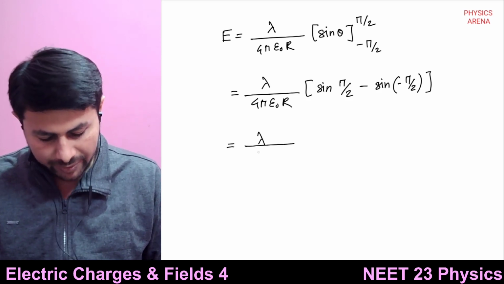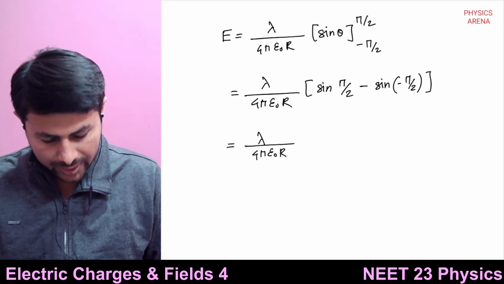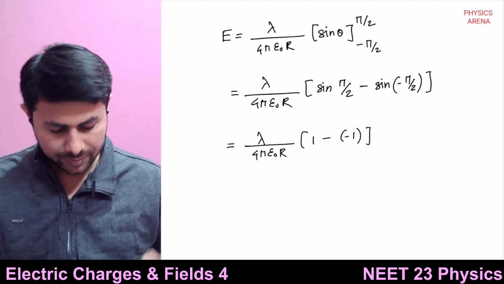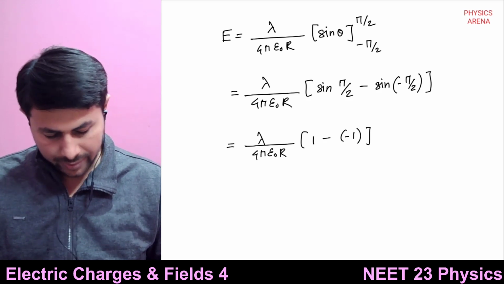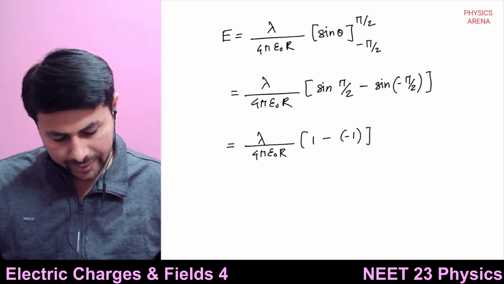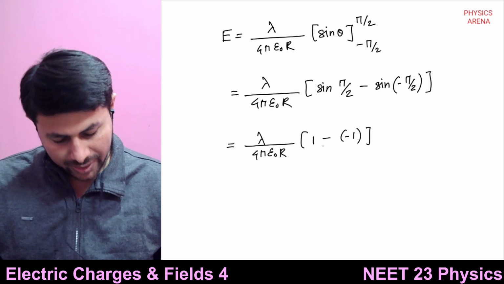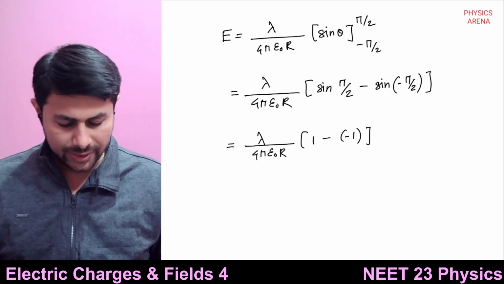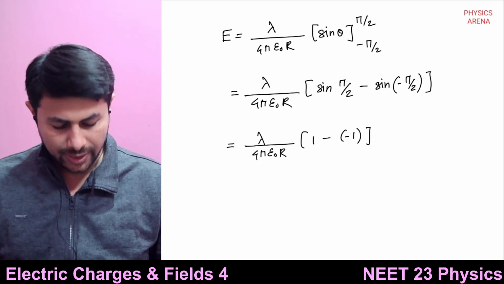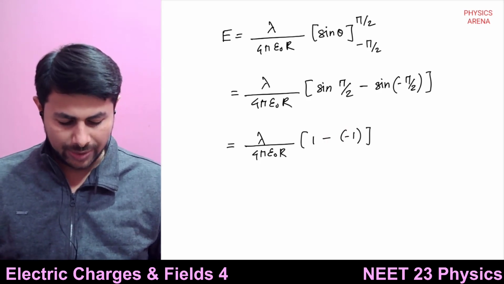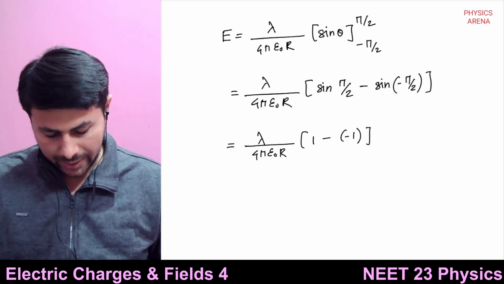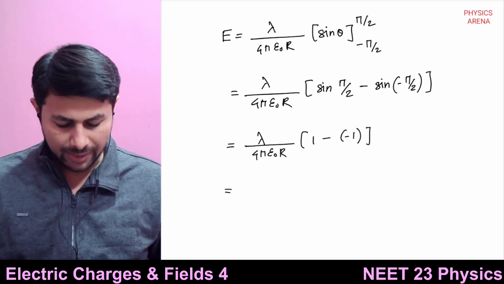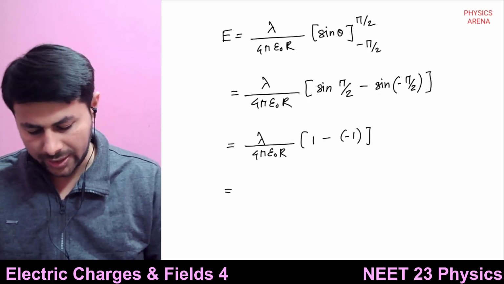So this is lambda divided by 4 pi epsilon naught r times 1 minus minus 1. Minus minus is plus, so 1 plus 1 is 2. Then you can divide the 4 by 2, and you get lambda divided by 2 pi epsilon naught r.